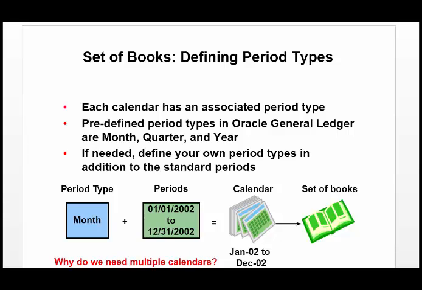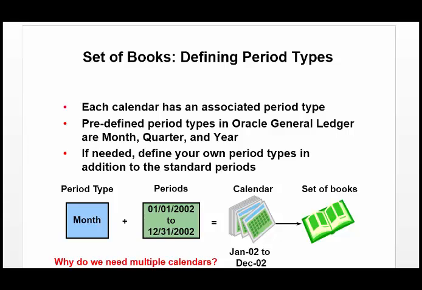So both software allow you to define your own periods. You can use the predefined ones that come with every system, like, as we said, the month, the quarter, the year, and you can also define new periods and specify the start and end of each of these periods.